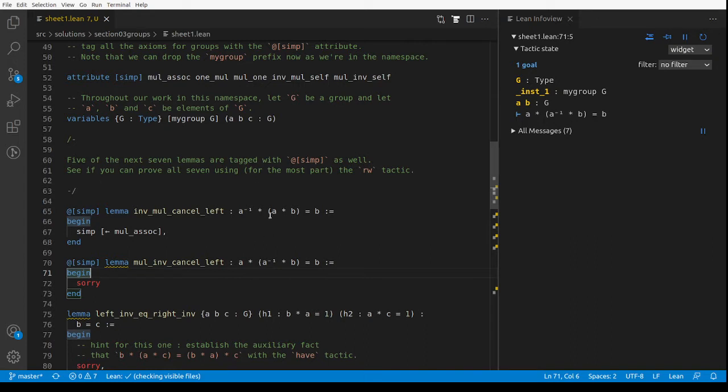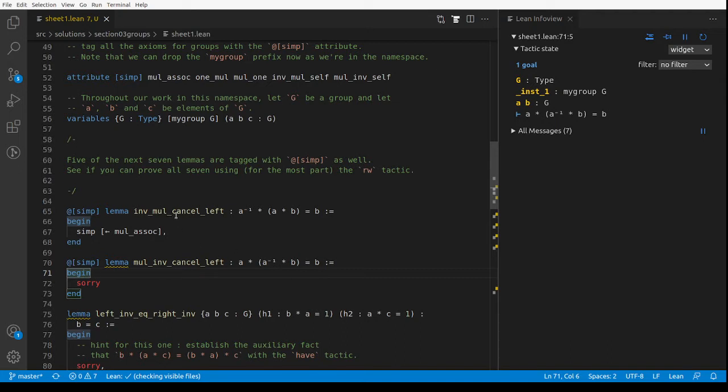If you let this A be a new variable C, if you let this A be C inverse, then this won't become C, right? This will become C inverse inverse, and we haven't yet proved that C inverse inverse is C. So we're going to have to prove this.